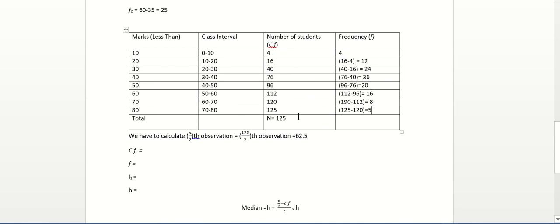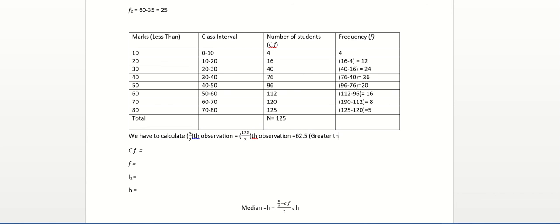Now we'll continue with the question. So here n is 125. So first I will calculate n by 2. So n by 2 is 125 upon 2. So we obtain 62.5. Now I have to identify the median class. To identify the median class, I have to find a value which is greater than or equal to 62.5.